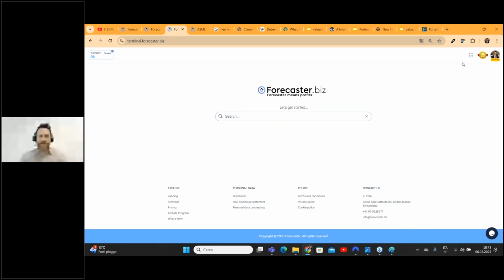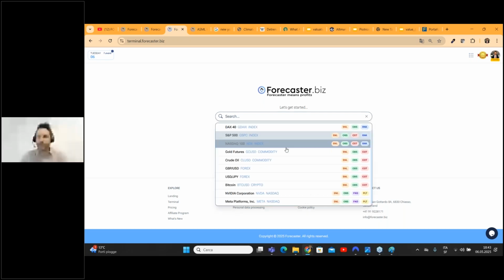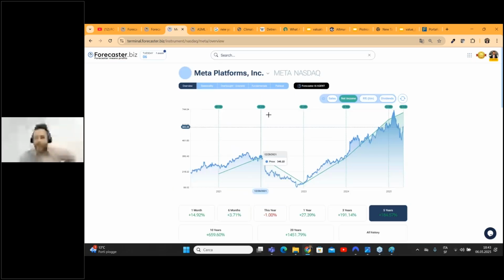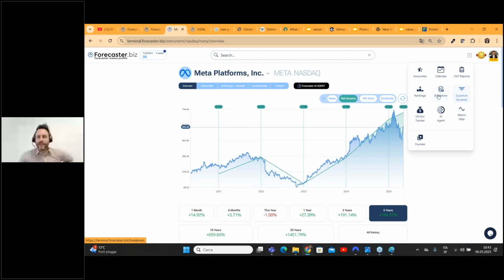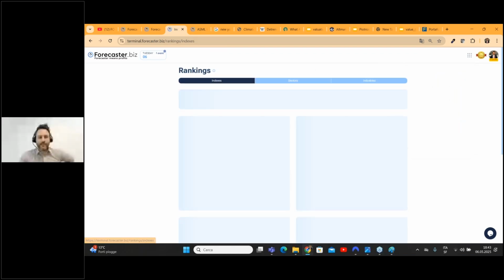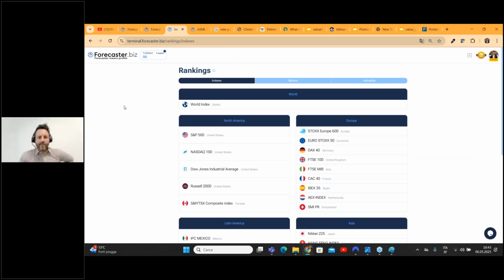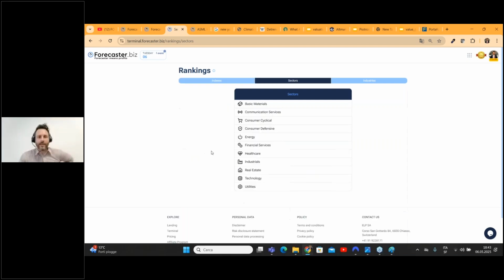Of course, as I told you, you can go directly to the stock from the search bar, or, for example, you can find investment ideas from the tools you have here. And talking about the stocks, you can find, for example, the rankings. We talked about the rankings in the previous lesson, but for example, you have here all the indexes, all the sectors, and all the industries, okay?